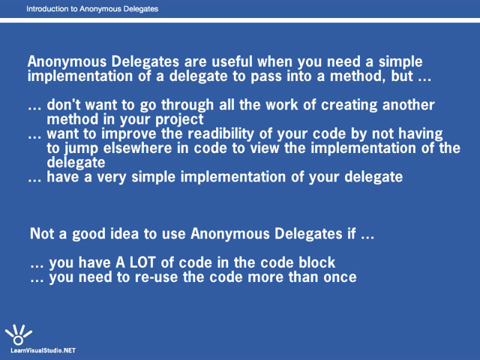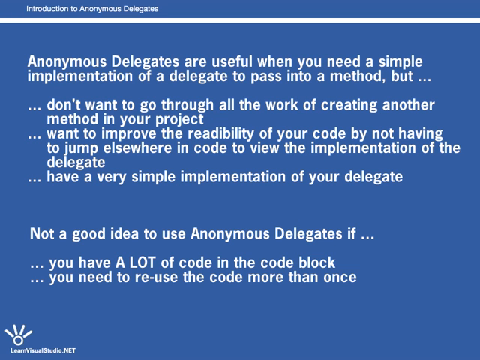You want to simplify it by keeping it in its own method. You would create a standard delegate instead of an anonymous one in that particular case. Or if you plan on reusing the method all over the place, then you definitely wouldn't want to use it within an anonymous delegate. You don't want to have to recreate that same code more than one time. It just doesn't make sense.